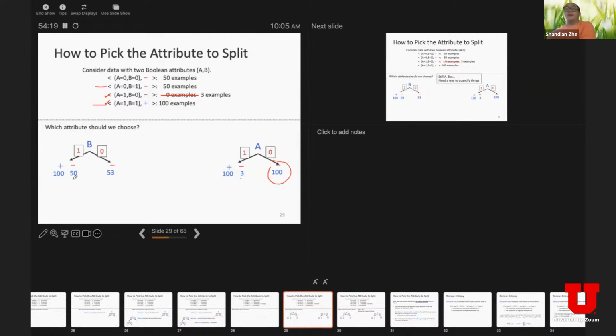When B equals 0, here and here, we get 53 examples, all of which are negative. So now we can see that no matter whether we use A or B, we do not end up with purely labeled subsets. But now, if you're asked to rank A and B, which one would you think is better?